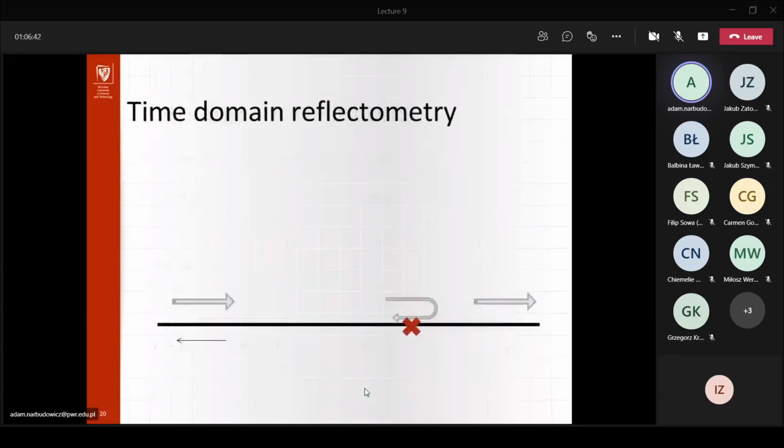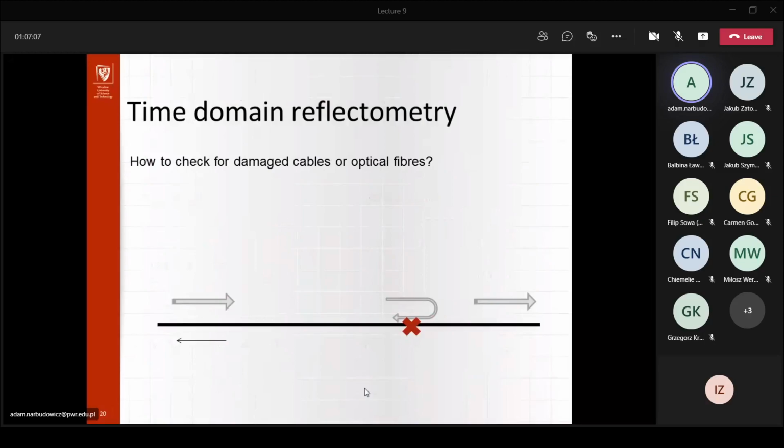Okay, and apart from the antenna application, this is also one example of what I consider an interesting implementation of this principle, which is basically what's called time domain reflectometry. It can be done with both optical fibers and with wires.